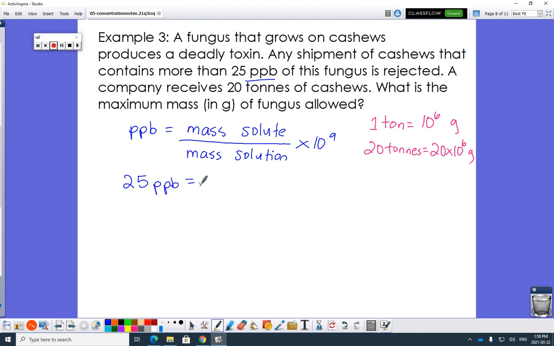We're looking for how much fungus can be dissolved on 20 million grams of cashews. And then because it's billion, you multiply by 1,000,000,000.